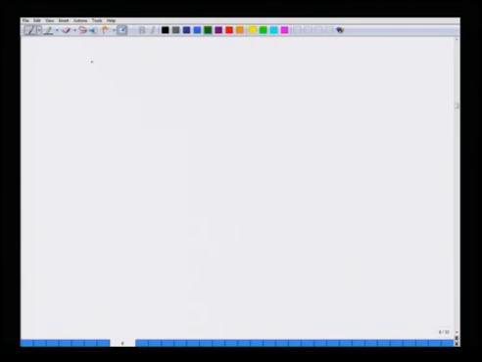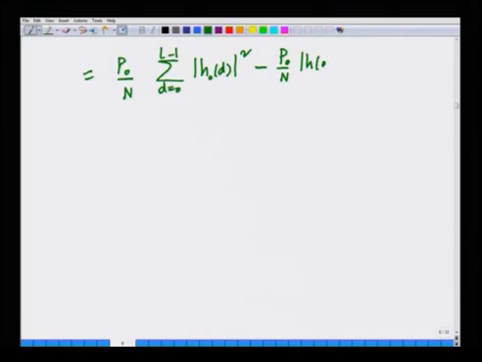So, this can be written as P 0 over n, summation d equals 0 to L minus 1, h 0 d whole square, minus P 0 over n, h 0 square. Remember, there was no component d equals 0 in the previous expression; I am adding the d equals 0 component and subtracting it.